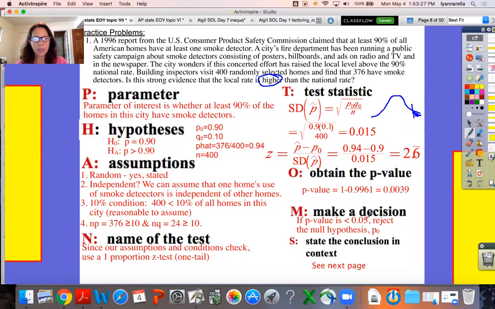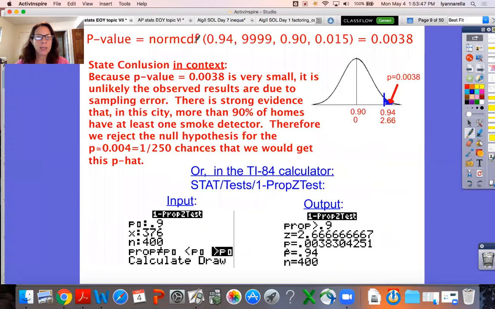So since the p is low, we're going to reject the null. And remember, this is so important: your conclusion must be in context. Don't just say, we reject the null because our p is low, because that could work for any problem. You have to actually talk about what this particular problem was about. So here's my p-value, and here's how I found it. I used a normal CDF.